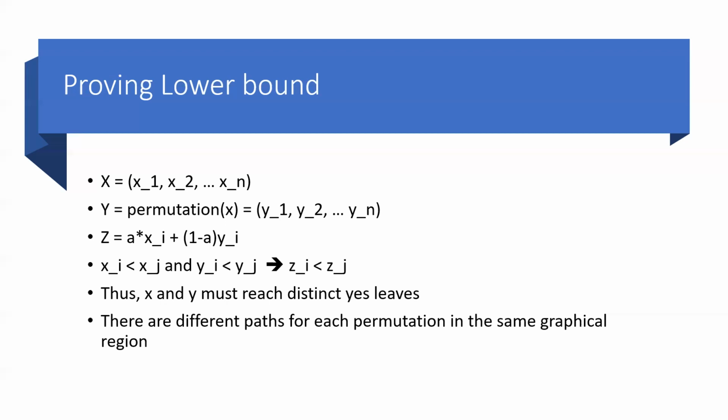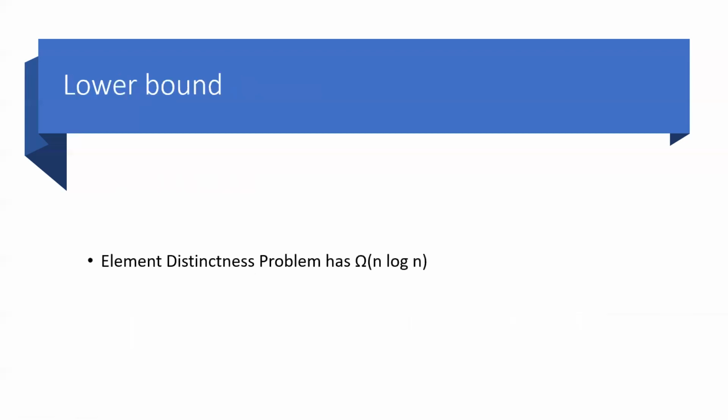Each leaf that ends in a yes means that all the elements are unique and are proven by following this path from the tree. And thus, the element distinctness problem can be solved in a lower bound of omega n log n.